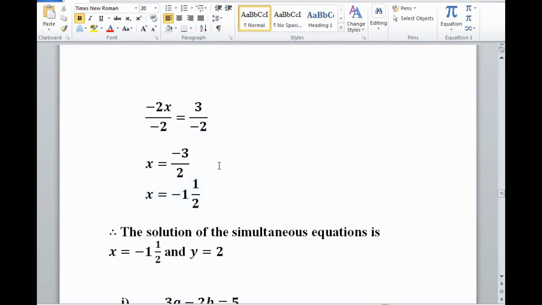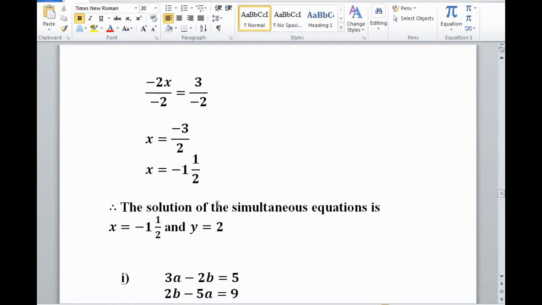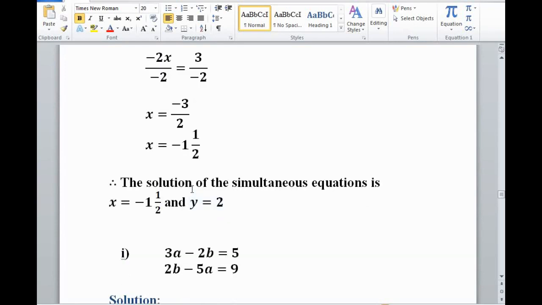Once again, we have an improper fraction, so you know this fraction can also be written as 1 whole 1 upon 2. So we get the values of x and y for the given linear equations. So the solution of the simultaneous equations is x equals negative 1 whole 1 upon 2 and y equals 2.